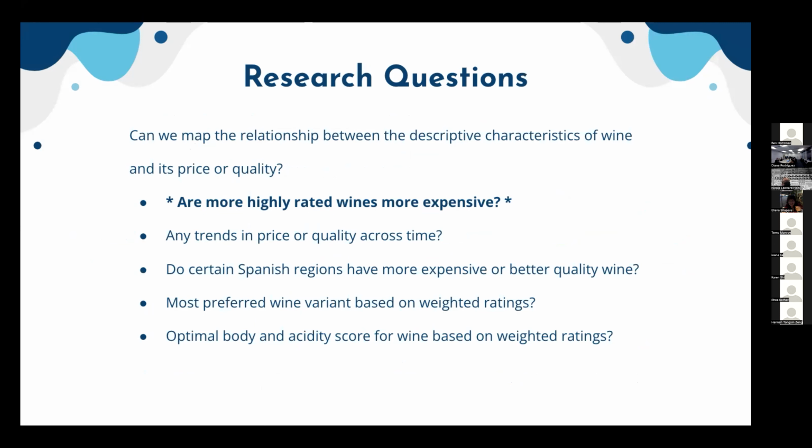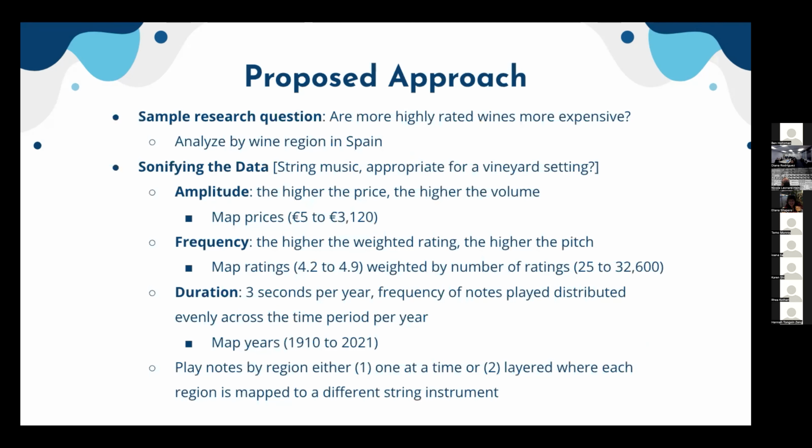I wanted to approach the research question by analyzing by wine region in Spain, if possible, making string music, like at a vineyard, playing in the background while you're trying out different things in Spain.